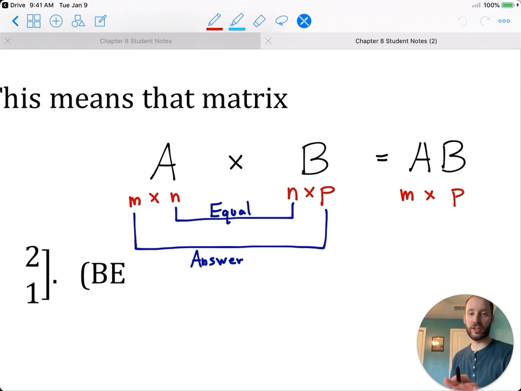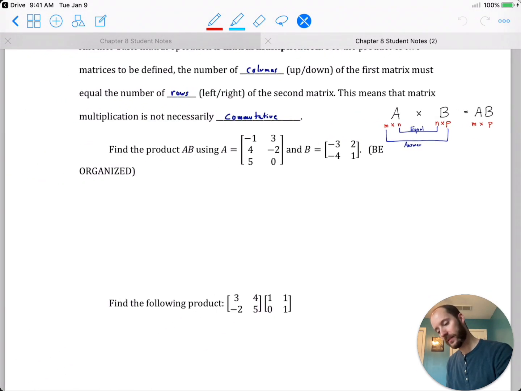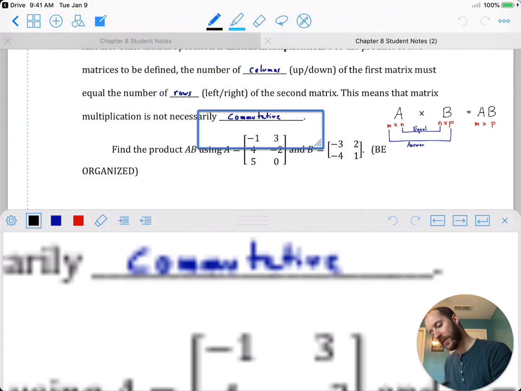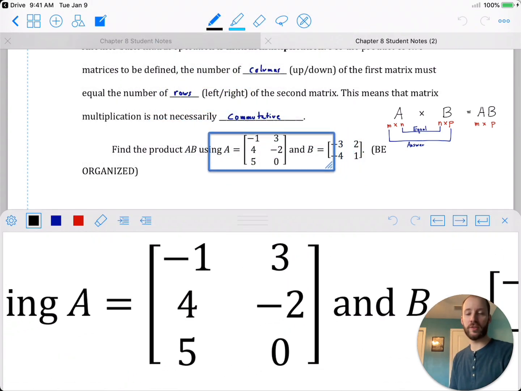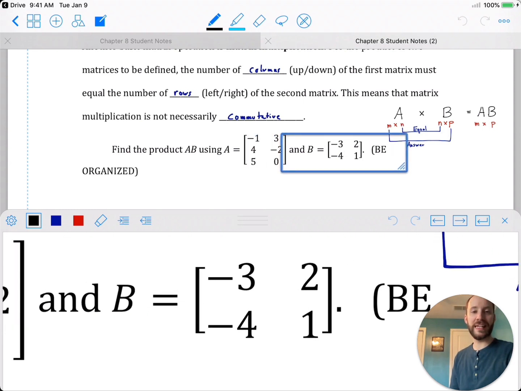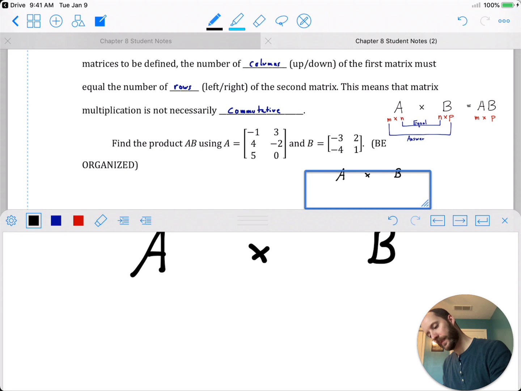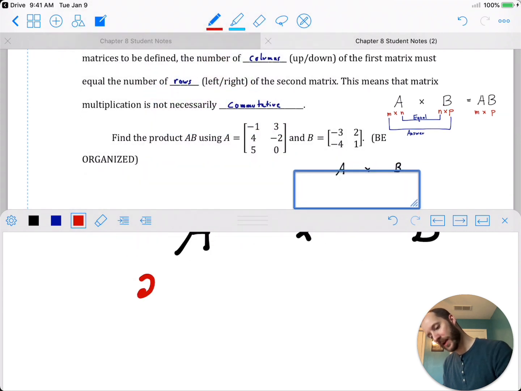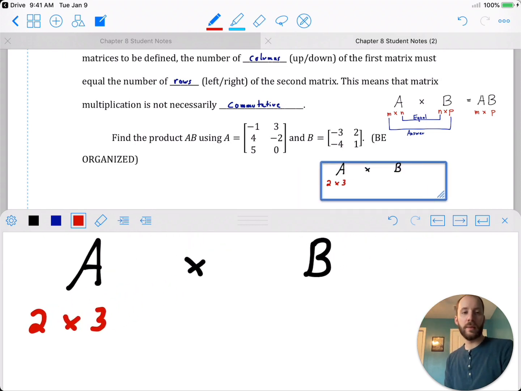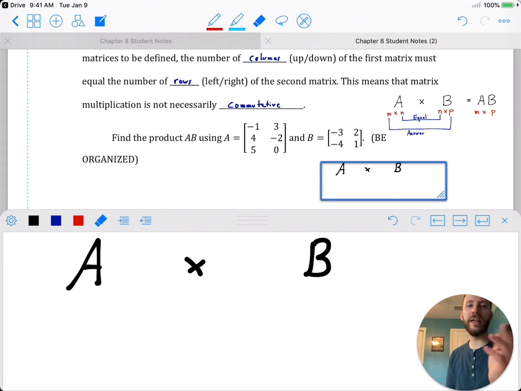So I strongly encourage you to set this up for every problem you do. So let's look at that. We have matrix A here is a 2 by 3. Matrix B here is a 2 by 2. So A times B. Now A is a 2 by 3. B is, I'm sorry, not 2 by 3, 3 by 2.